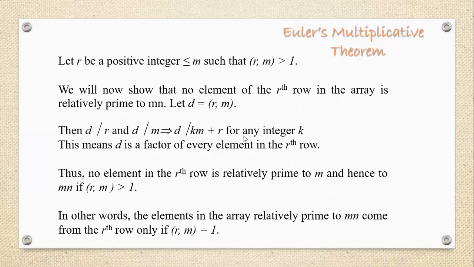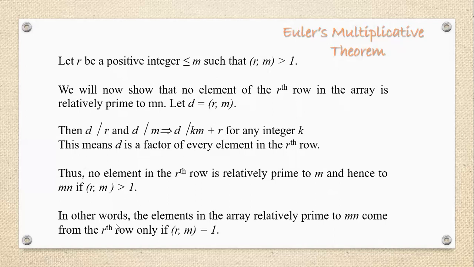So d will divide km plus r, some multiple of m plus r. This means d is a factor of the elements in the rth row. Thus, no element in the rth row is relatively prime to m, and hence to mn, if GCD of r and m is greater than 1.